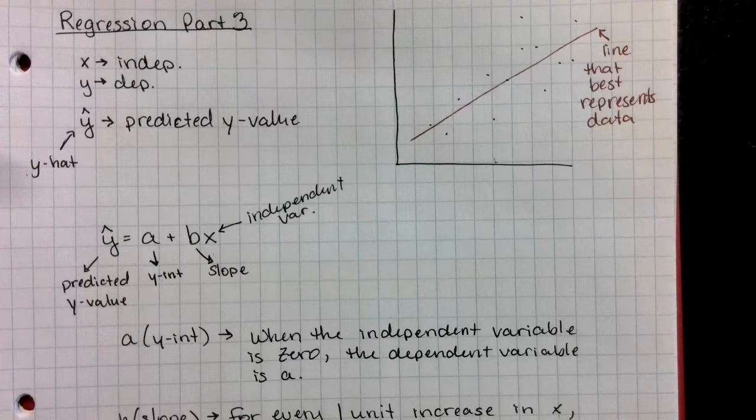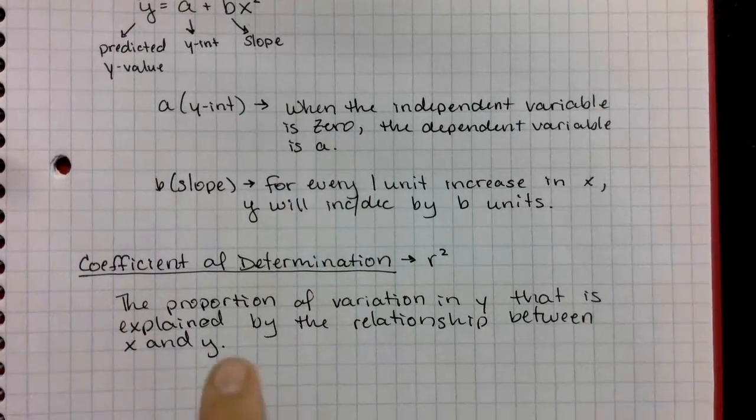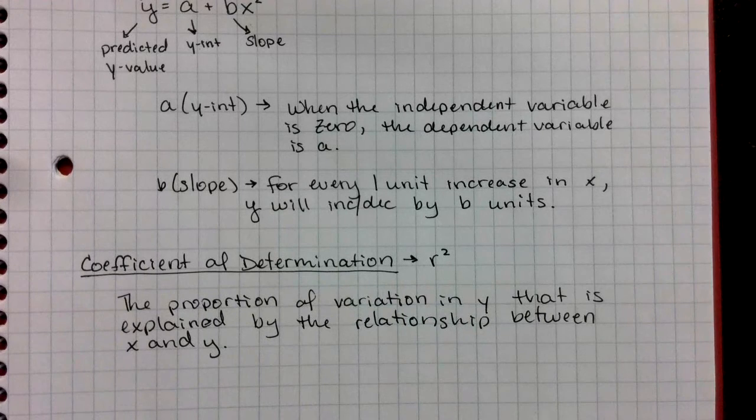You might have someone who is pretty short but has big feet. So genetics and other factors play into that. While there is a correlation, 100% of the variation in your dependent variable is not always explained by the relationship between those two. There are always other factors in play.